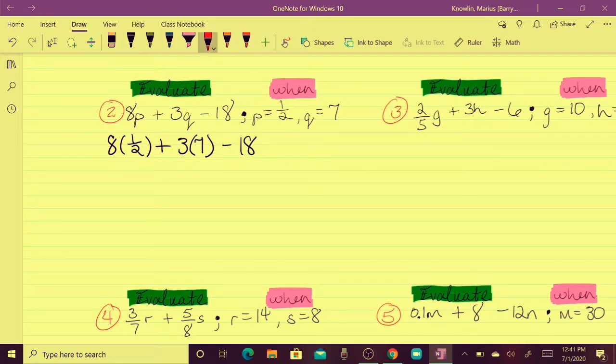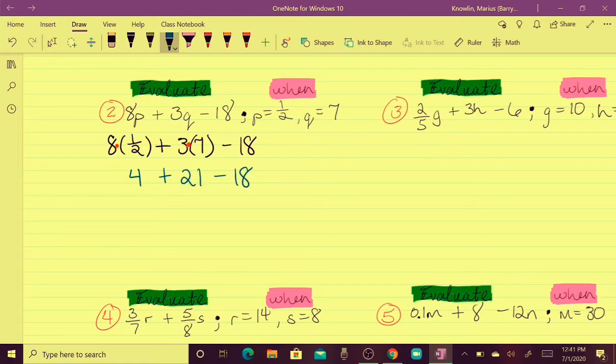And like I said before, if you want to put your multiplication symbols there, you can do that. When we evaluate, 8 times 1/2 is like thinking of half of 8. Half of 8 is 4, so that's going to give me 4, plus 3 times 7 is 21, minus 18.